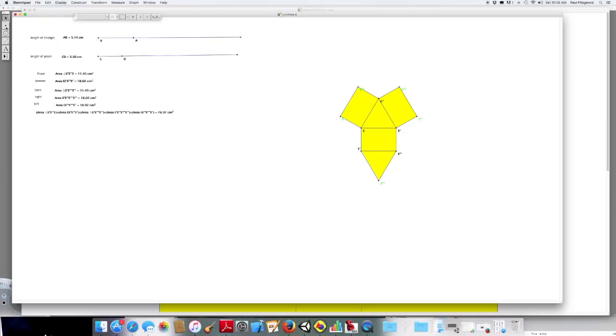Now we're going to make another slider for the width. And this is going to determine how thick the sides are in the 3D print. So we're going to measure this distance here. We'll call that the print width.